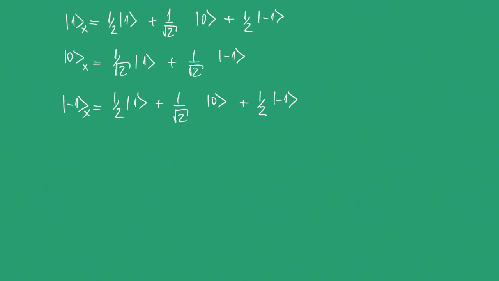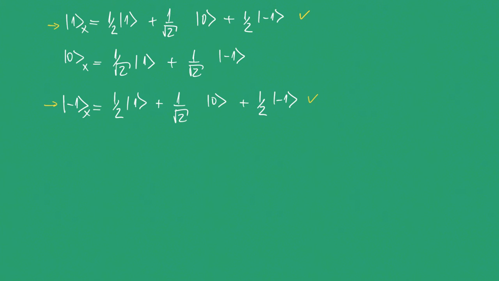Now here is the trick. If you look at these two expressions, you will see that they are the same. But they cannot be the same since they represent different input states. What can we do then?